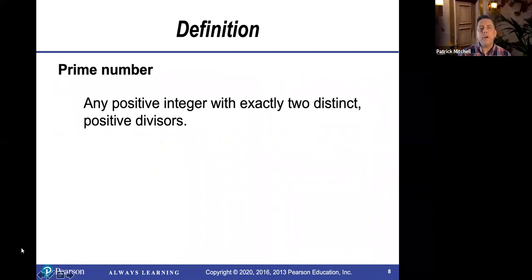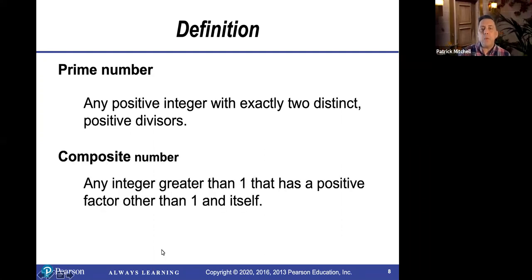So a prime number is any positive integer with exactly 2 distinct positive divisors. There's a lot of controversy over whether the number 1 is prime. By this definition, it is not, all right? And there are all sorts of good reasons for not considering 1 to be a prime number. We don't have to get into those right now.